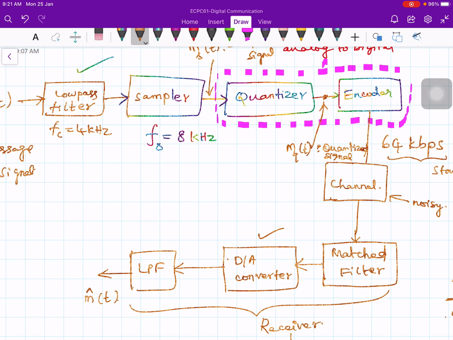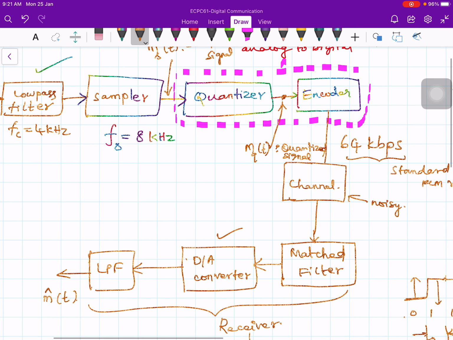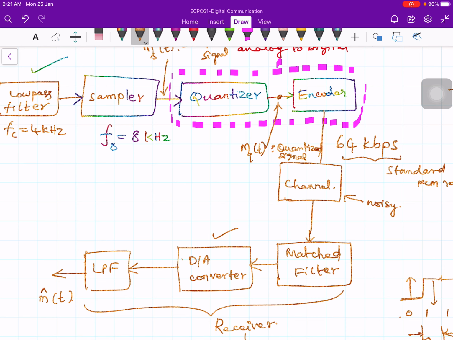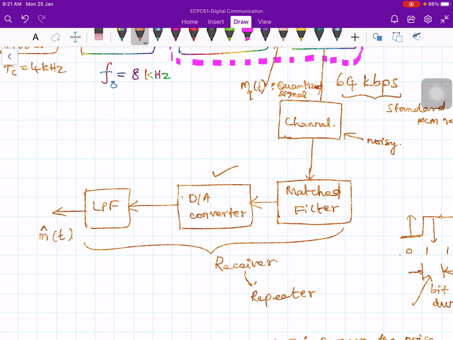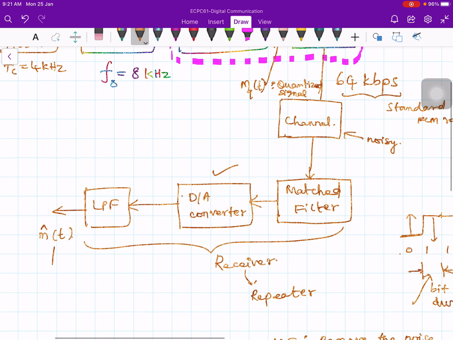The output of the D to A converter is m-cap(t), which is an estimate of the quantized signal. And finally, after low pass filtering, again you get an estimate of the original signal m(t).